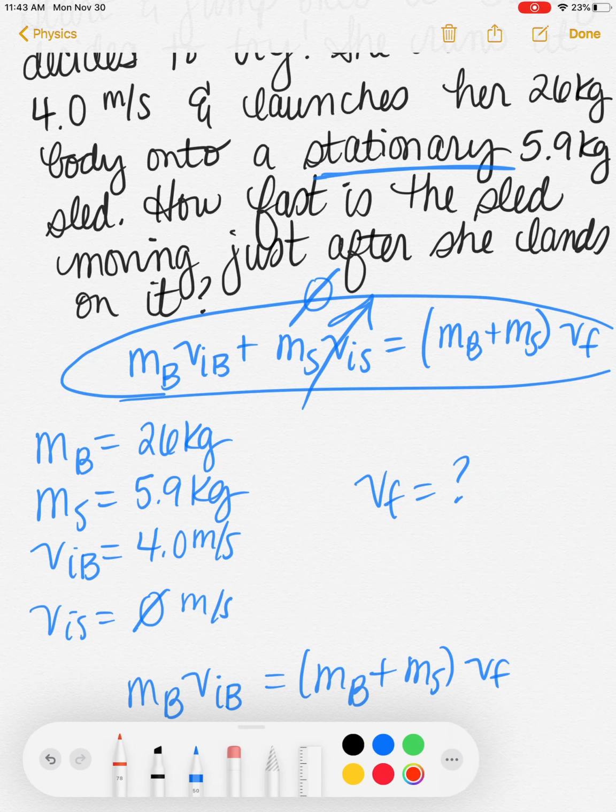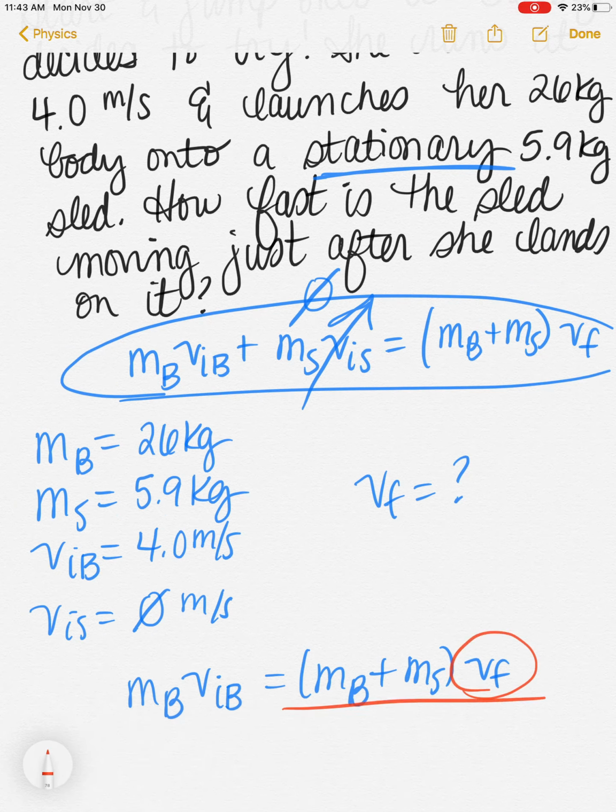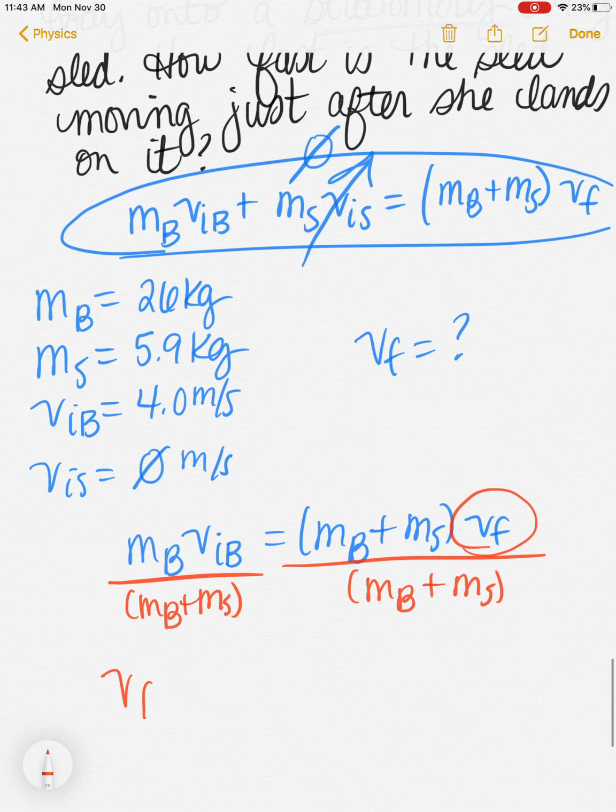And if I'm trying to find the final velocity, then I need to divide both sides by the quantity mass of Bailey plus mass of sled. So if I rewrite this, the final velocity should be equal to the mass of Bailey times the initial velocity of Bailey, all over the mass of Bailey plus the mass of the sled.